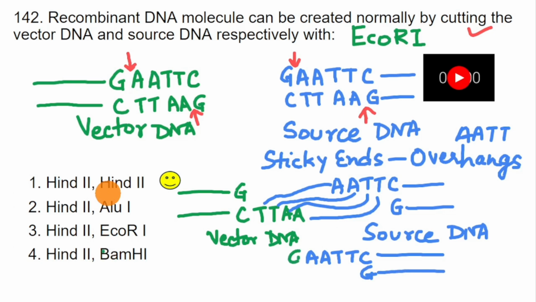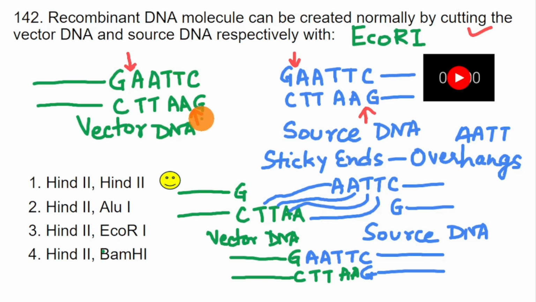So G, and then this will have C, T, T, A, A. So now we have a fusion of vector DNA and source DNA. And this fused DNA is called recombinant DNA because now it has the component of vector DNA as well as source DNA. It is new combination. Therefore, it is called recombinant DNA.